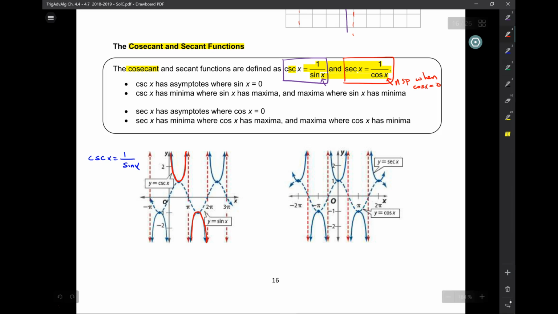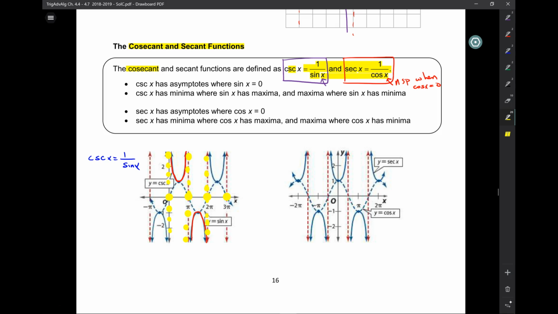So the way we draw them is you have asymptotes every time sine hits the x-axis, right? At every one of those points, you have asymptotes. And then in between the asymptotes, you've got your u's like this.